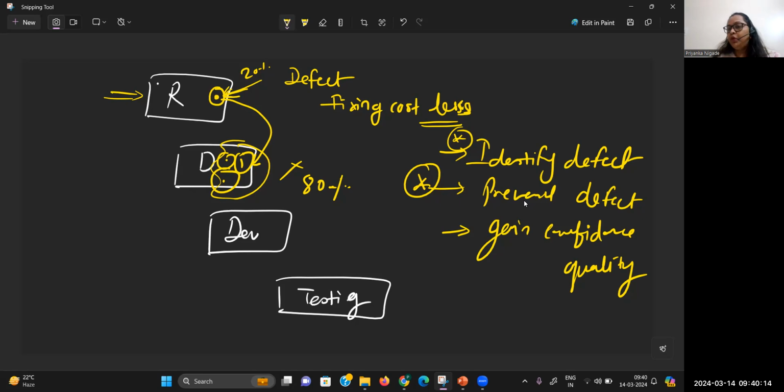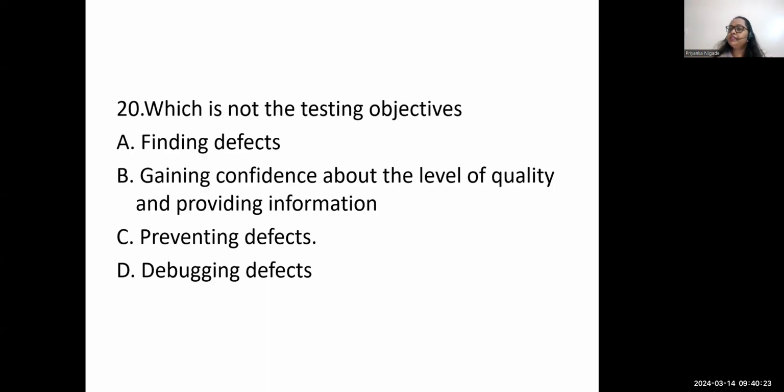As a tester, you are responsible to identify the defect, but you are not responsible to fix the defect. So in this question, what is asked is which is not a testing objective. Finding defects is your objective. Gaining confidence about the level of quality is your objective. Even prevention of defects is also your objective. So how are you able to prevent defects?